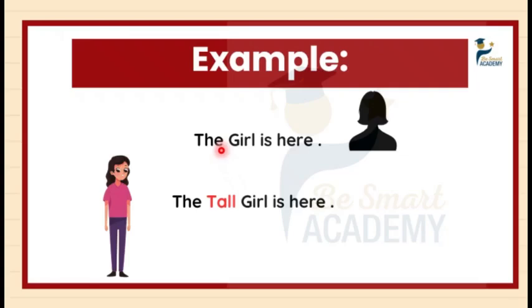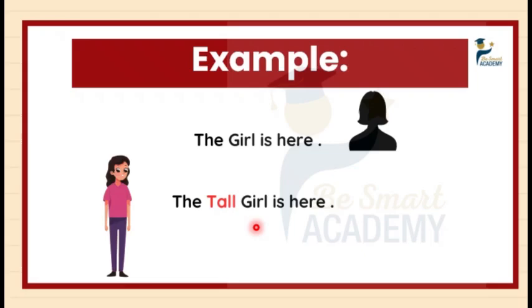So what's the difference, guys, between these two sentences? In the first sentence, we don't have anything that is modifying or elaborating the noun girl, because we already know that the word girl is a noun. So we don't have any additional information. Whereas in the second one, we have an adjective.